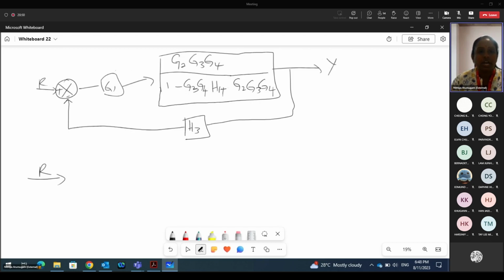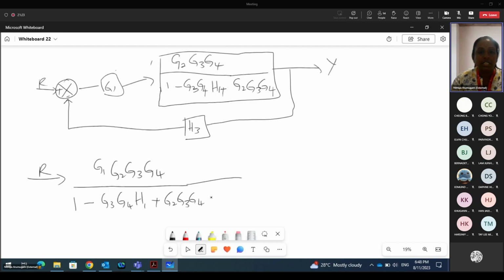this G1 and the bigger block of this diagram will also be combined. So it will be G1, G2, G3, G4 over 1 minus G3, the earlier one, G3, G4, H1 plus G2, G3, G4.